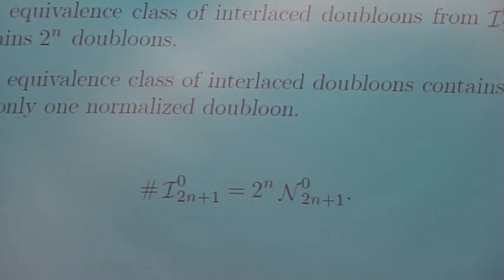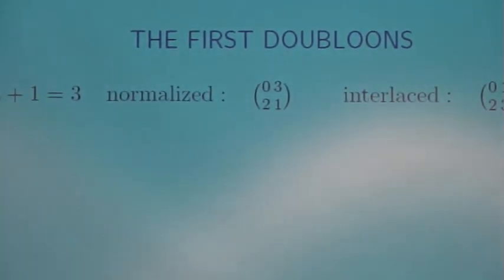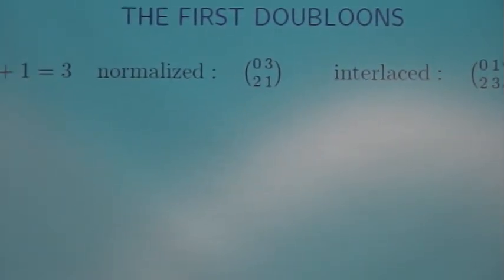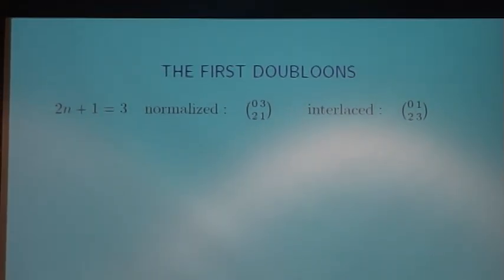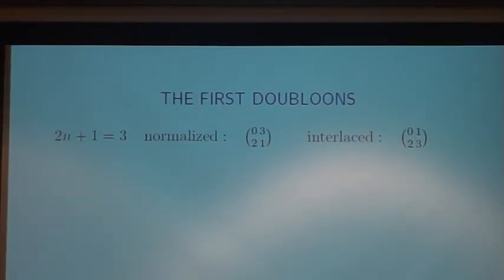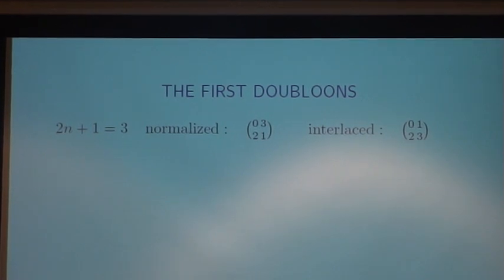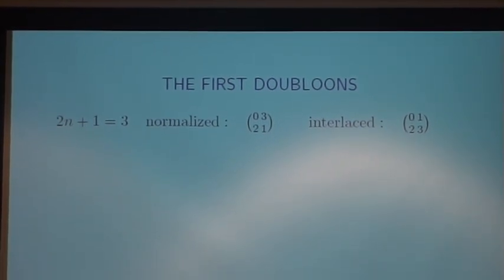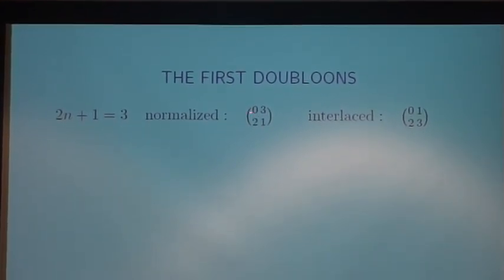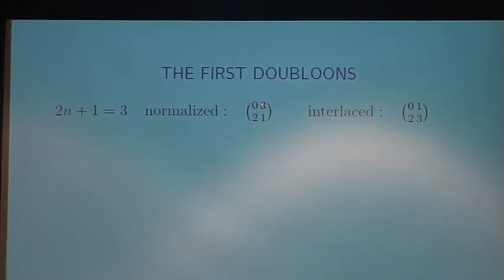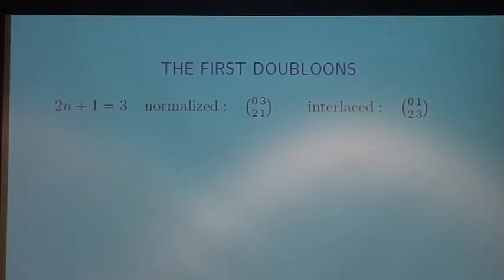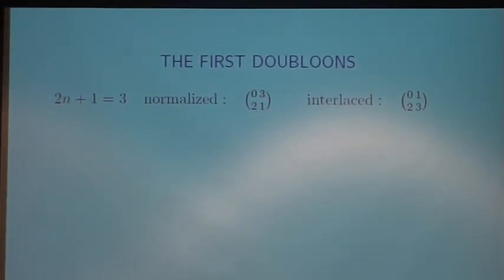Let's do it very quietly. First, for n equal 1, 2n plus 1 equals 3. There is only one normalized doublet. 0 must be here, so I can only have 3 in here, and this is 3, 2, 1, 0, decreasing.